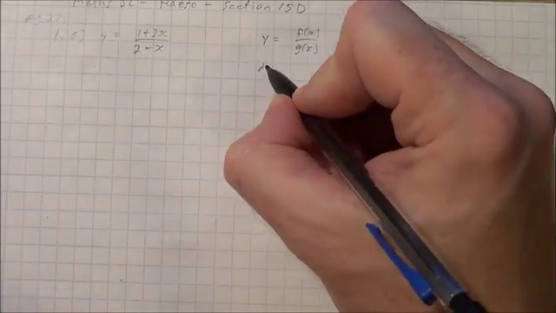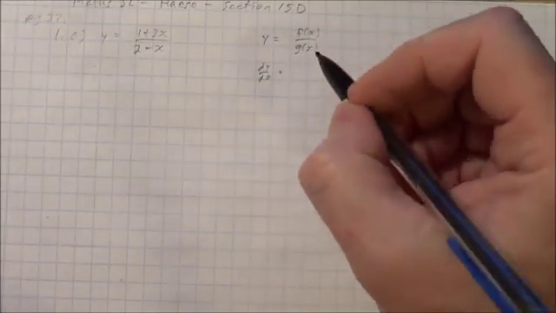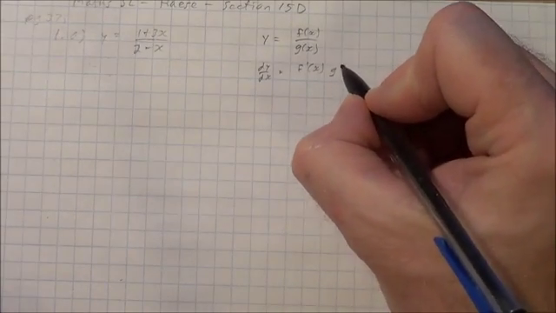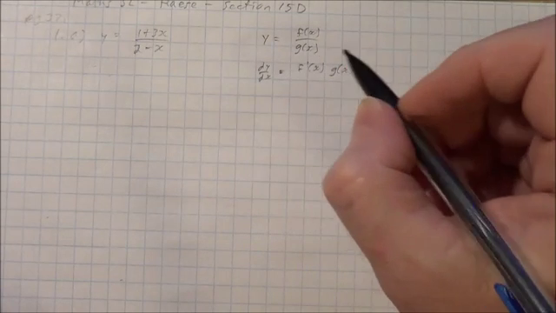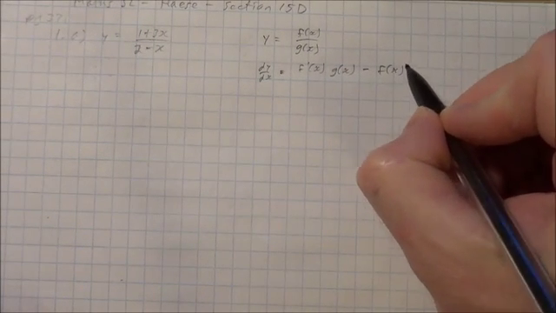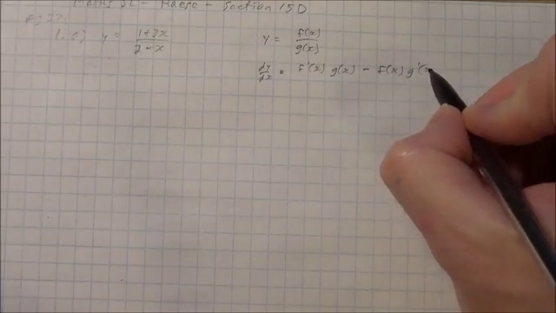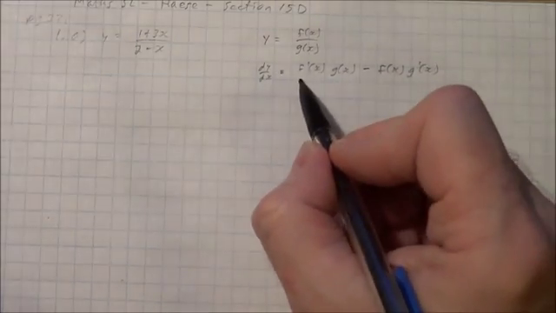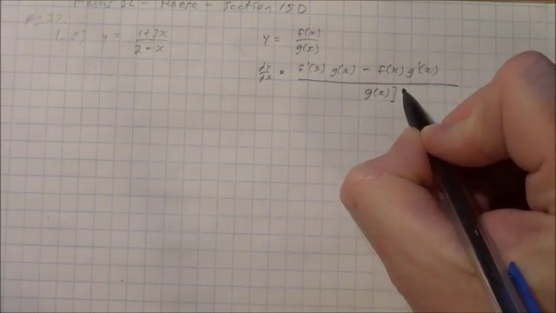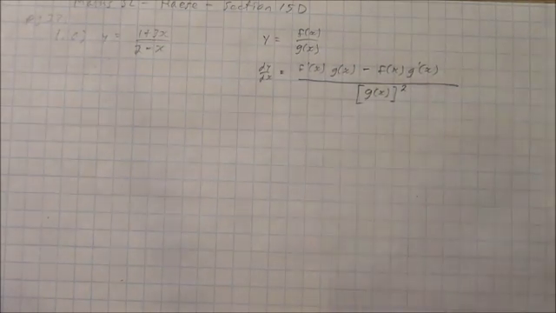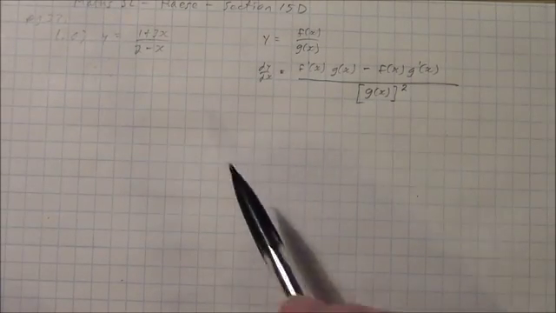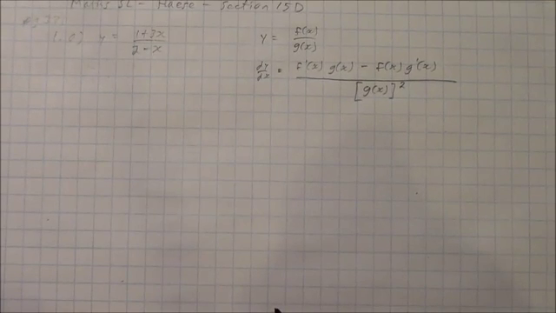Then dy by dx is the derivative of the top, f prime of x, multiplied by the function in the denominator, minus the function in the numerator multiplied by the derivative of the function in the denominator, all over the function in the denominator squared. Okay, so we're going to use that form to find the derivatives here, or the gradient functions.